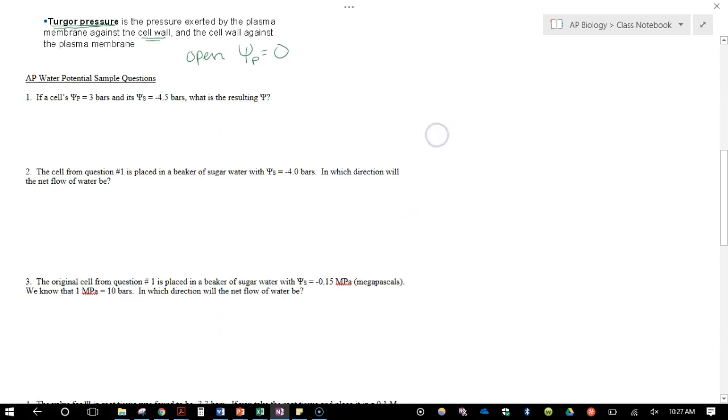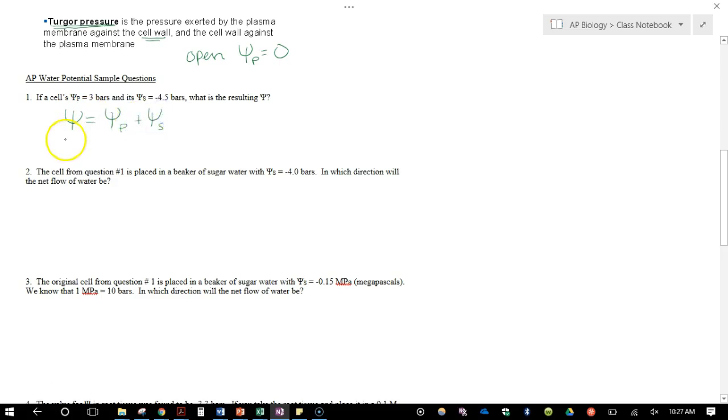So let's go through and solve a couple of these problems. If a cell has a pressure potential of 3 bars, and bar is just a unit of pressure, and a solute potential of negative 4.5 bars, what is the resulting water potential? The water potential, remember, is psi equals pressure potential plus solute potential.